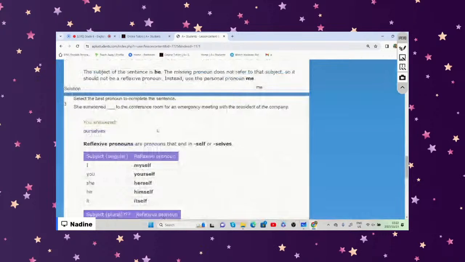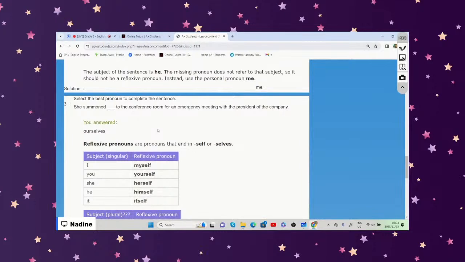So when we get to number three, it says: choose the best pronoun to complete the sentence.